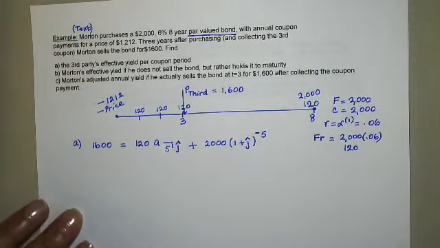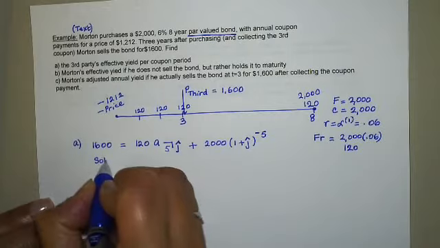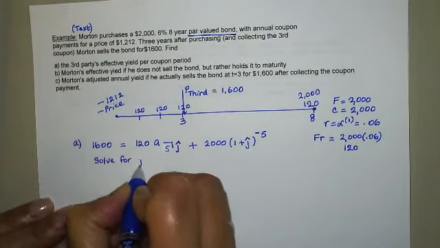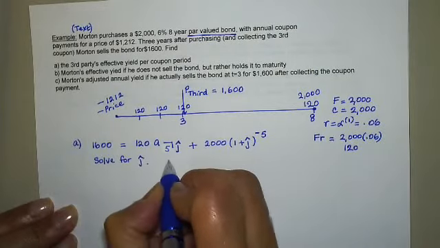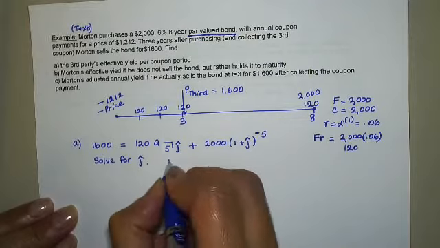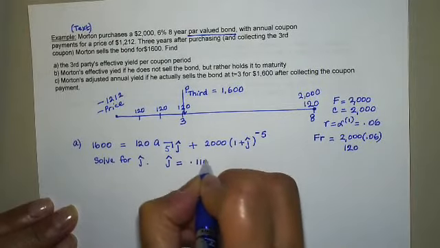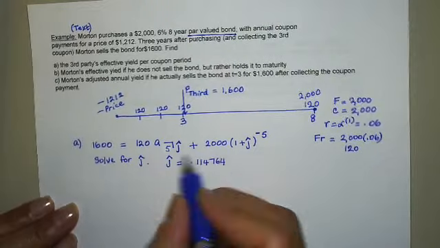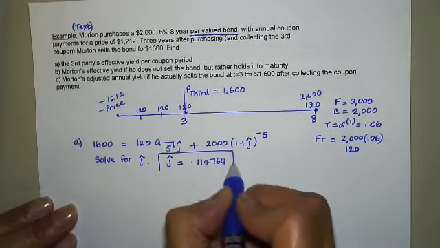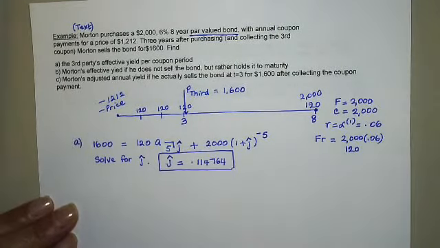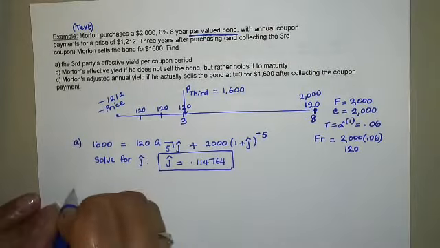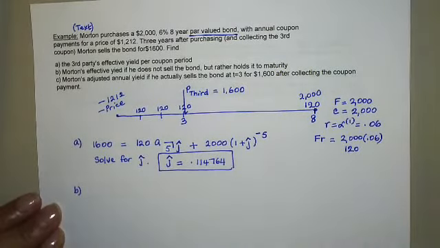How much is the redemption? 2,000. Yeah. 2,000 times 1 plus J hat to the minus 5, and solve for J hat. So either calculator or Wolfram provides J hat equals 0.114764.